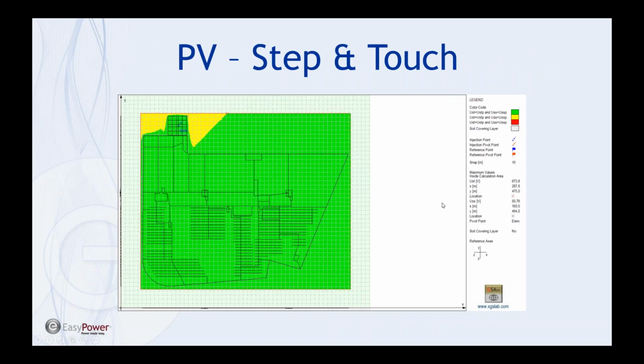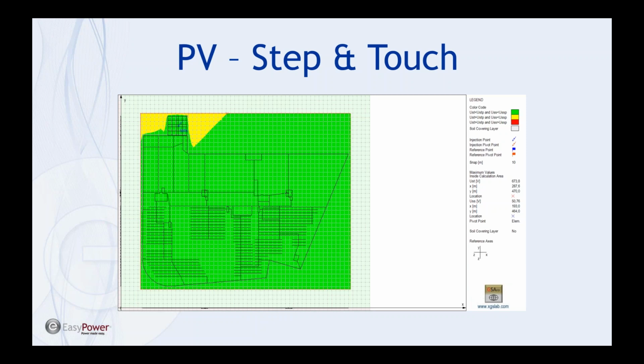And then finally, the end result for this one, and I believe this is on native soil as well, we show that with that fault, with this grid design as modeled, we're all green, which means all of the step and touch hazards have been handled.